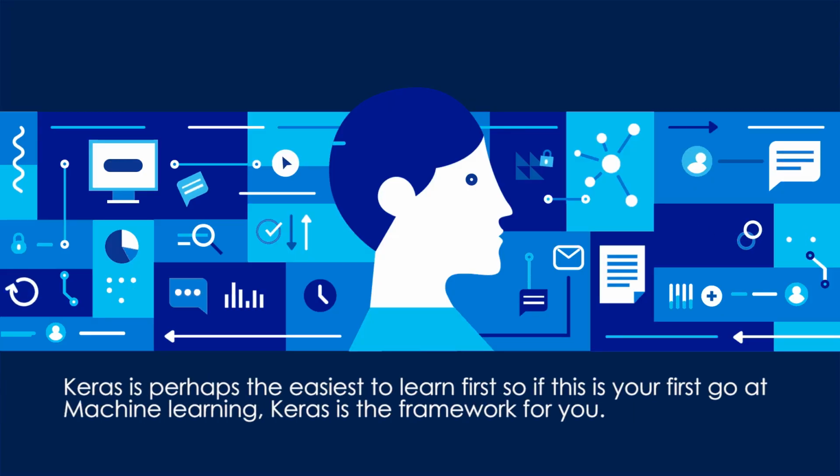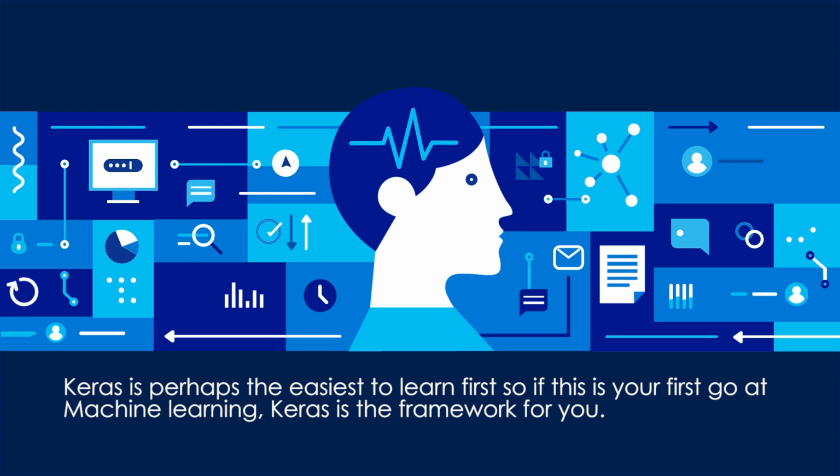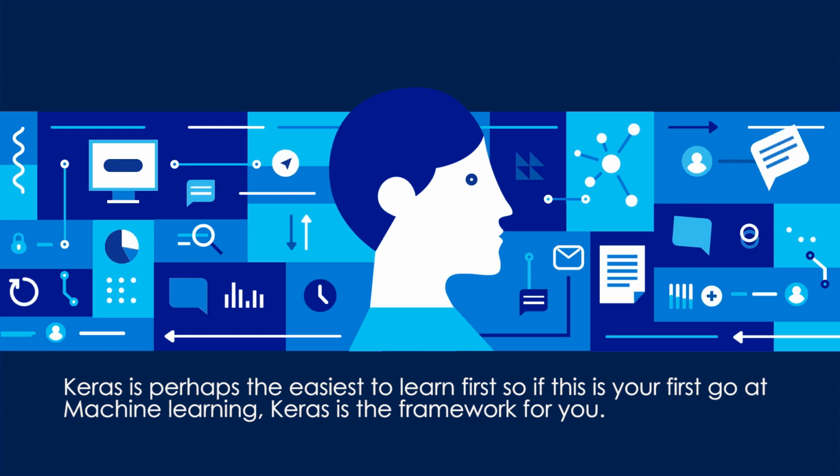Keras also offers the same suite of tools as the others that I mentioned, and then some. It brings even more to the table. The Keras community is one of the biggest and most active among all machine learning frameworks. And to top it all off, Keras is perhaps the easiest to learn first. So if this is your first go at machine learning, Keras is the right framework for you.